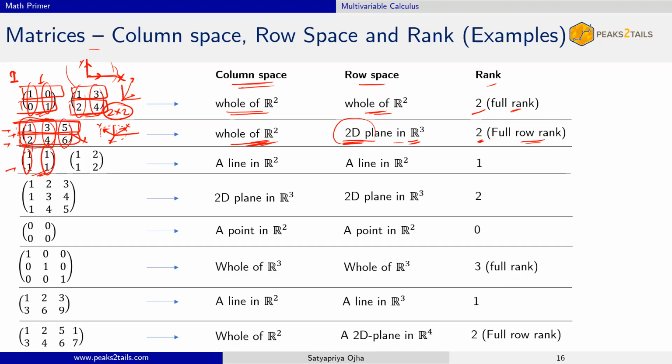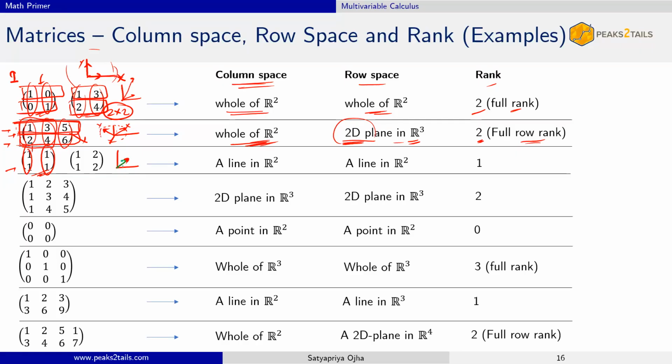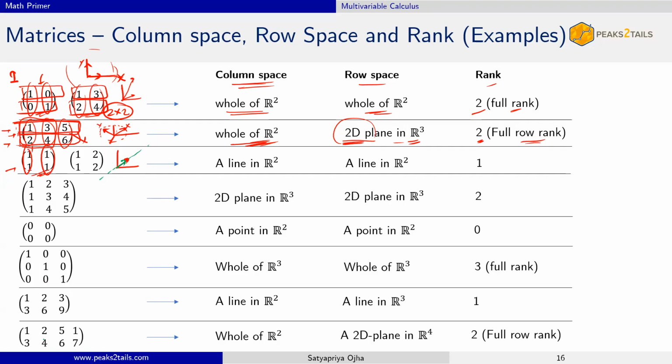So two 2D vectors in the same direction are essentially the same vector. The span is just a line, right? Same vector, so the span would be this line. It cannot cover the whole 2D space. So a line in R square.